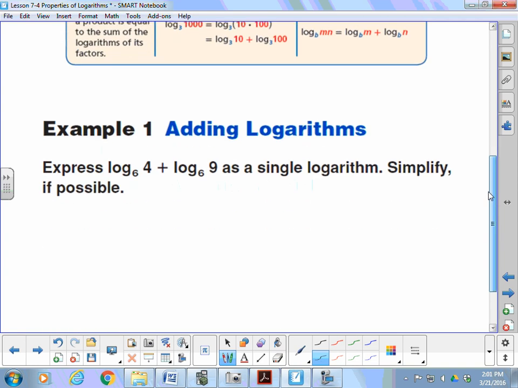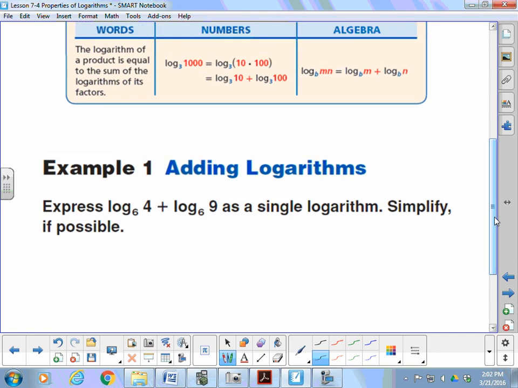Okay? So here we've got the log base 6 of 4 plus the log base 6 of 9. They want us to express it as a single logarithm and then simplify it if possible. So we're going to be using, hopefully, some of the mental math that we did on Friday with finding logarithms once we've simplified it.